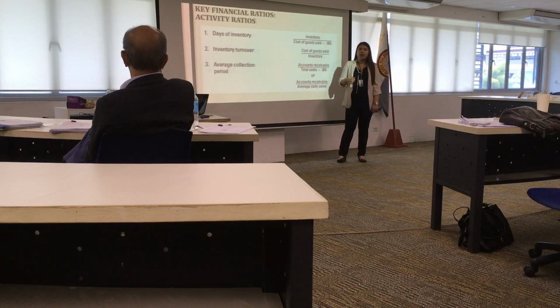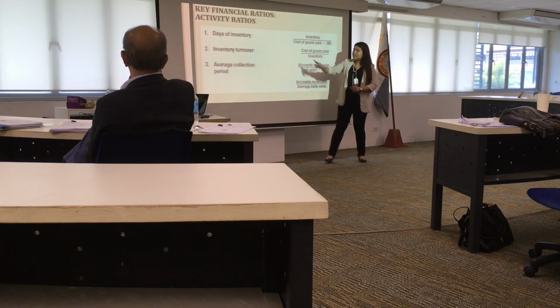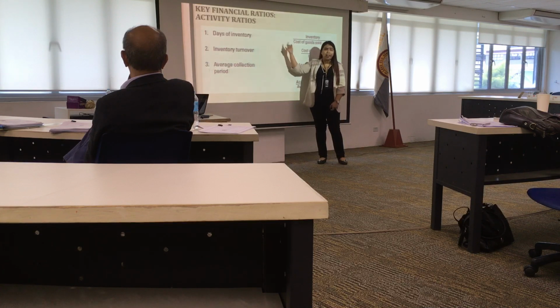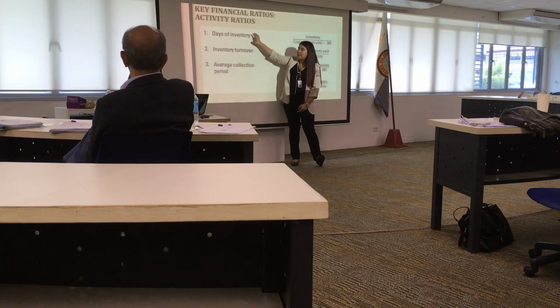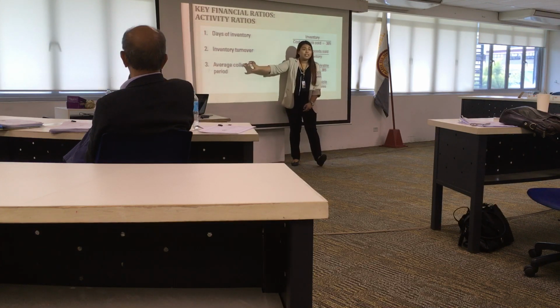It tells you how many days the company takes to utilize its inventory by selling it to the customers, how many days before the inventory is sold. And also how many days before the sold inventory, under receivable, we're able to collect. So number of days of the inventory, number of days of the receivable.